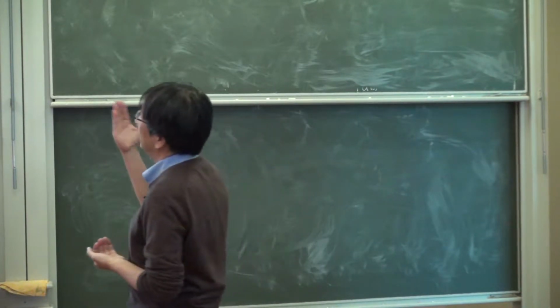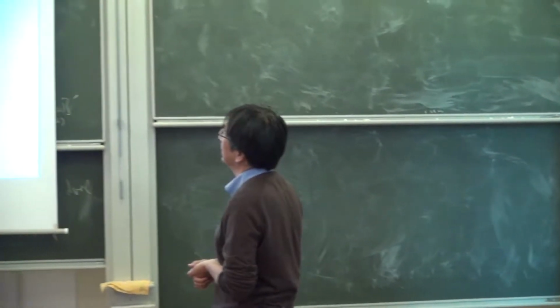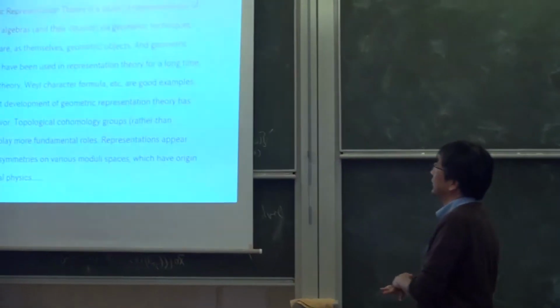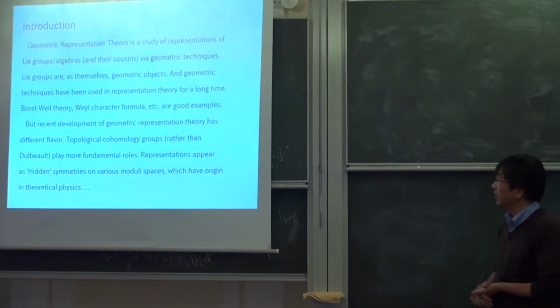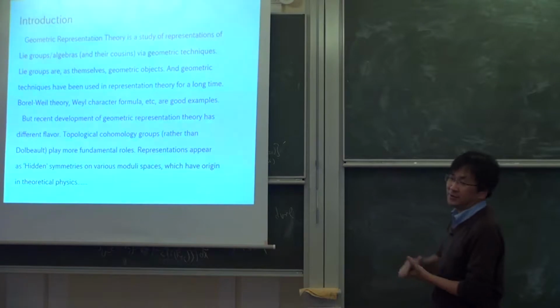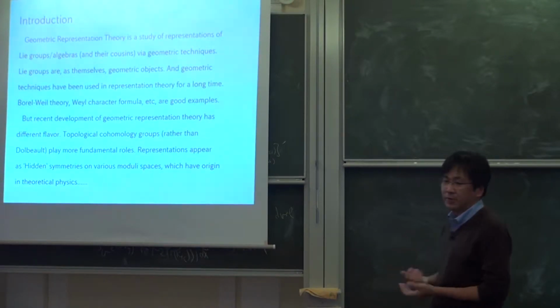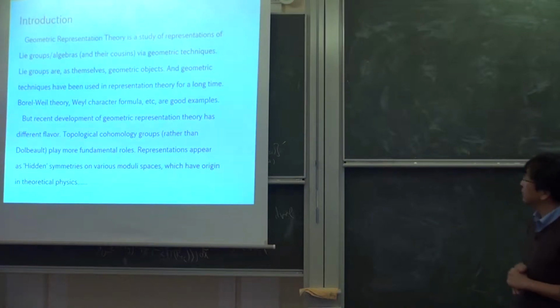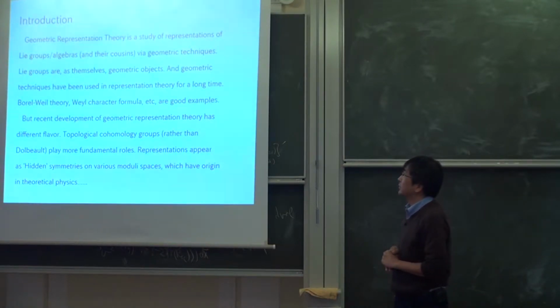Of course, in the history of the study of representations of Lie groups, geometric techniques have been used. But here I emphasize geometric representation theory. It's slightly different from the usual conventional approach to the representation theory of Lie groups.